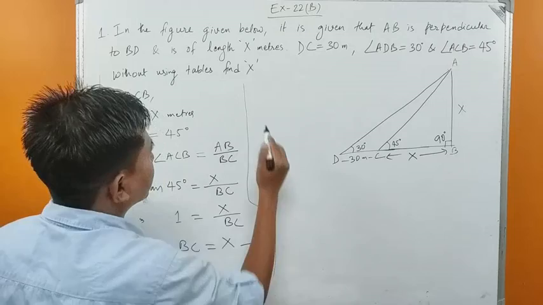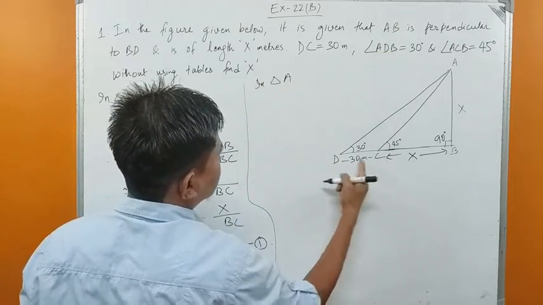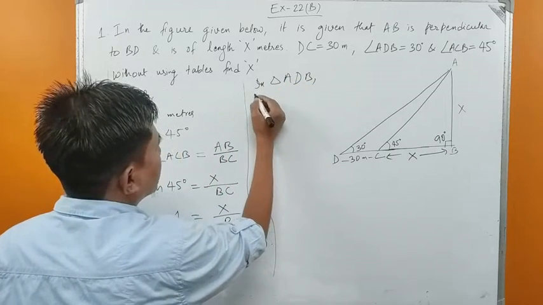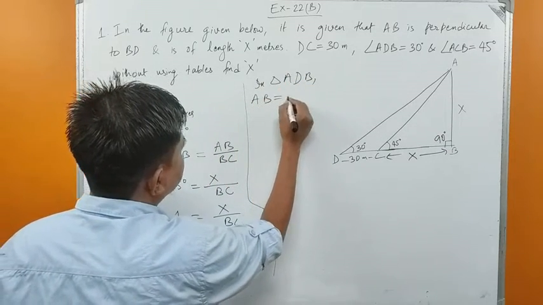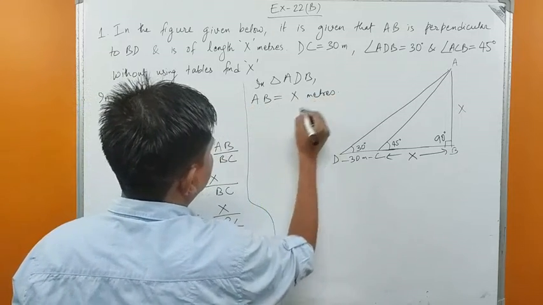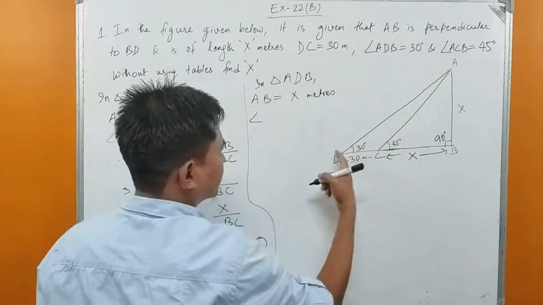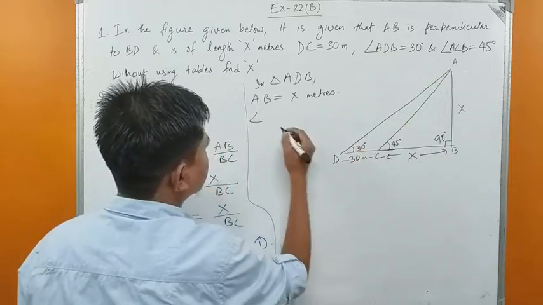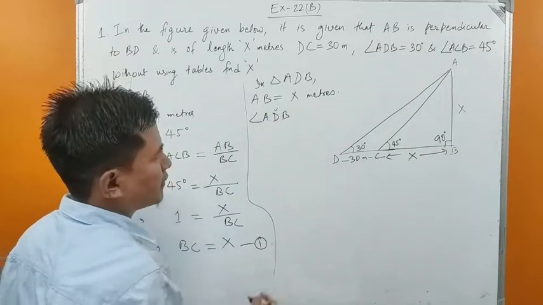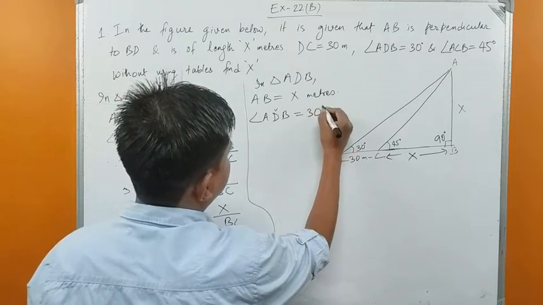So in triangle ADB, AB equals x, that is perpendicular, x meters, and angle ADB, make sure D is in the middle, we are talking about angle D, equals 30 degrees.